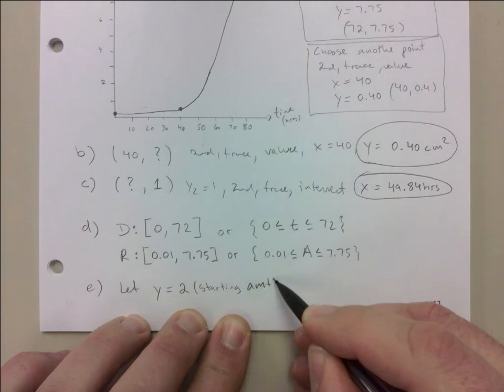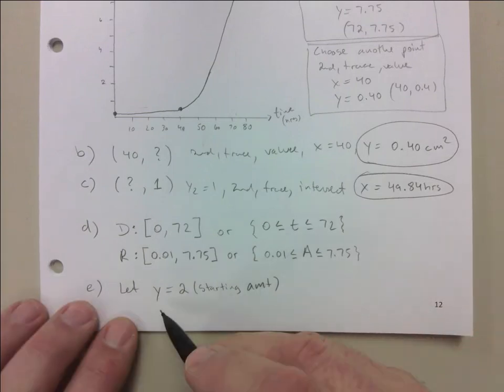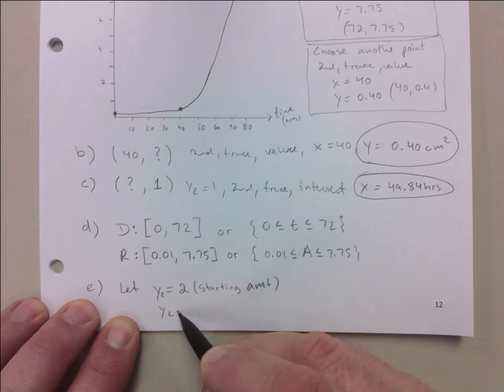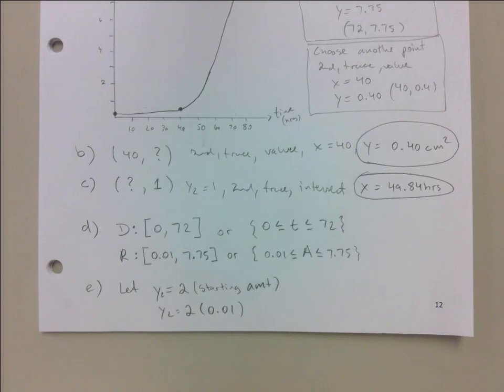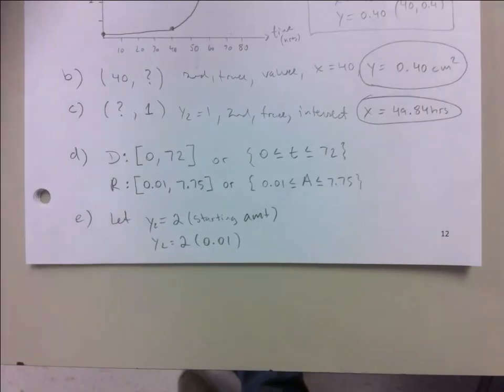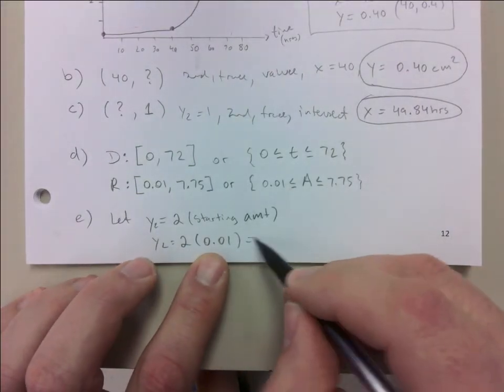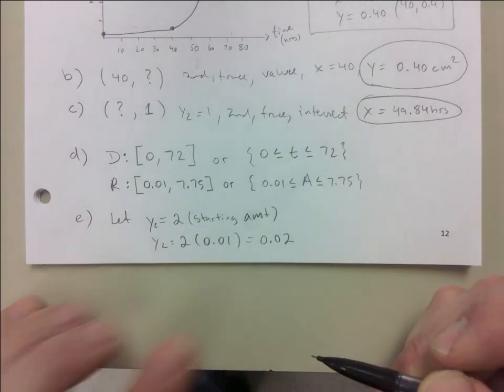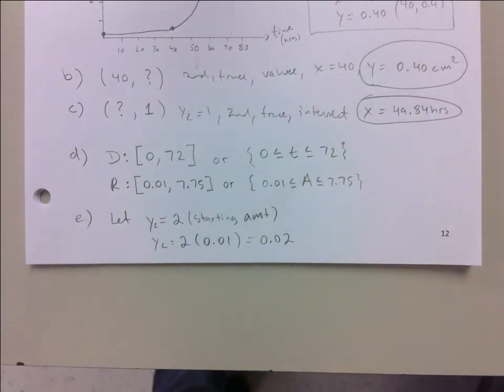So we're going to let y2 equal 2 times. We started off with an area of 0.01. So 2 times that is 0.02. You find that intersection and you've got yourselves the doubling time.